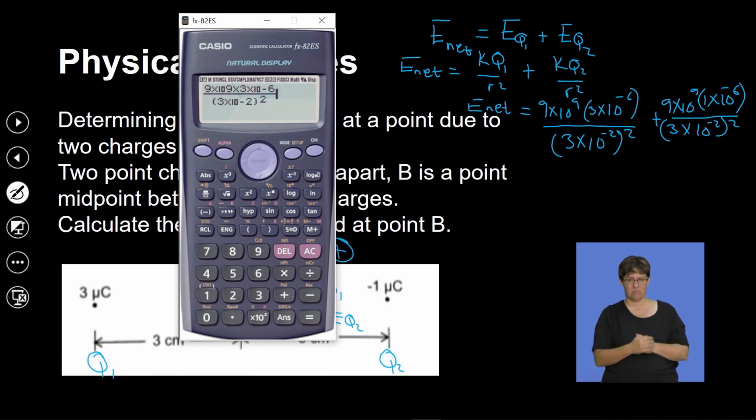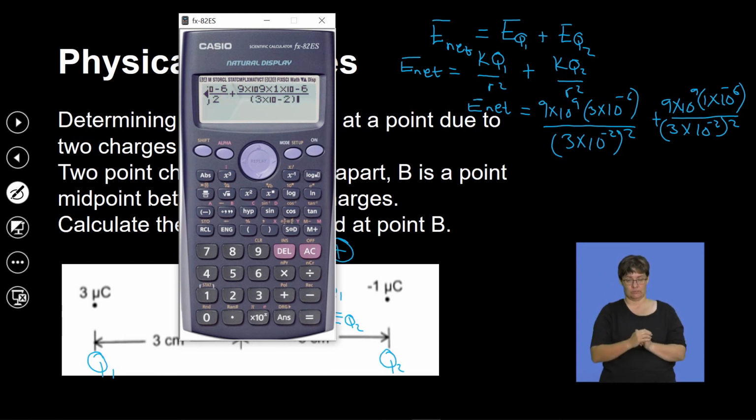But we know that it's the sum because they're in the same direction. We put another fraction: 9 exponent 9 multiplied by 1 times 10 exponent negative 6, and then we square the distance, the same distance, because we're told that they are equidistant, which is 3 times 10 exponent negative 2.